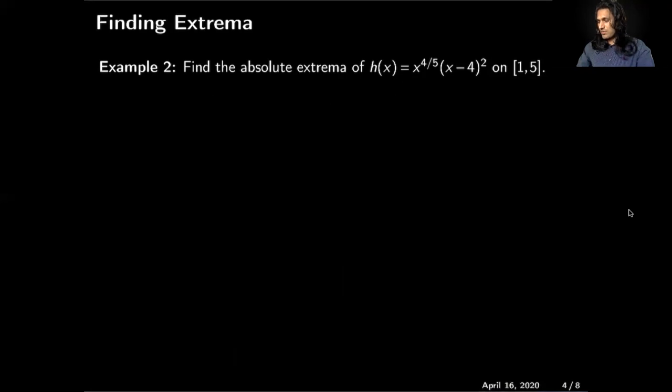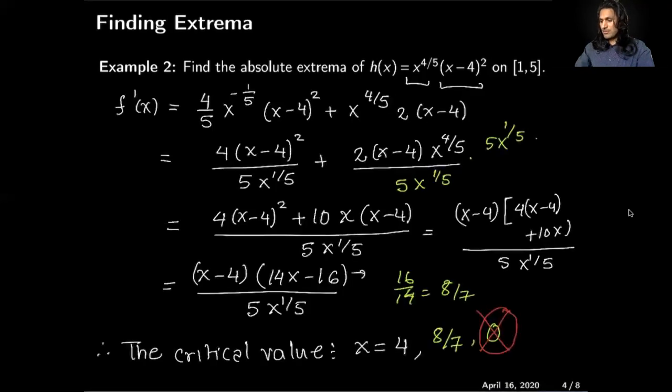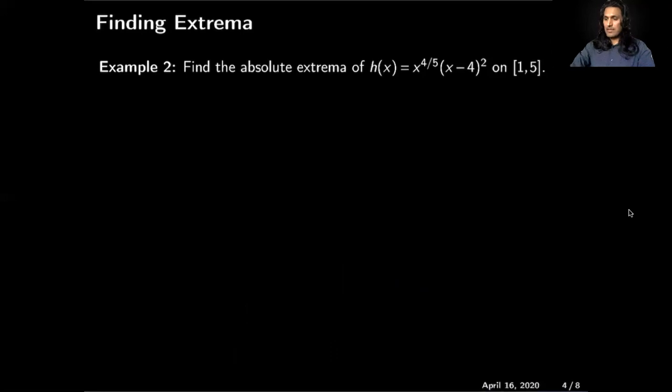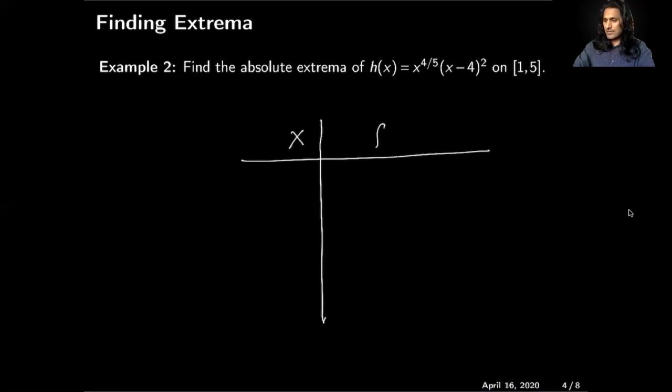Next I will draw the table and plot these critical values here. So this is my table, x and f of x. I have my endpoints from 1 to 5, and my critical values are 8 over 7 and 4.